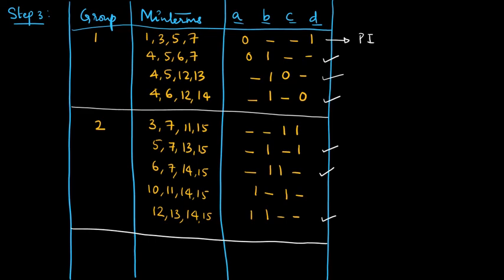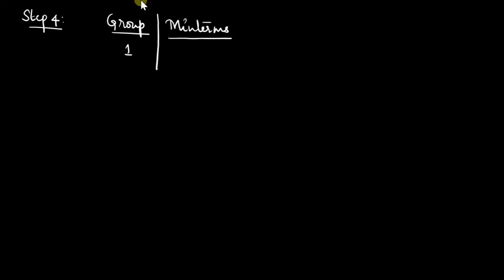The remaining one is clearly a prime implicant. That means the ones which cannot be paired up are the prime implicants.